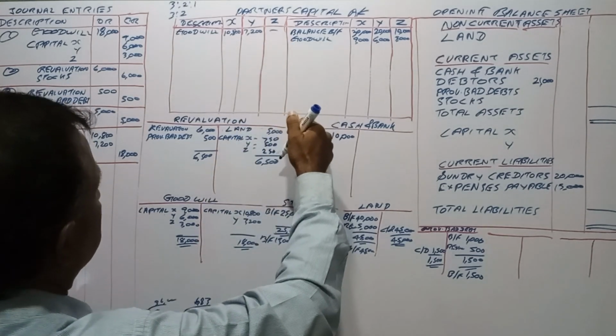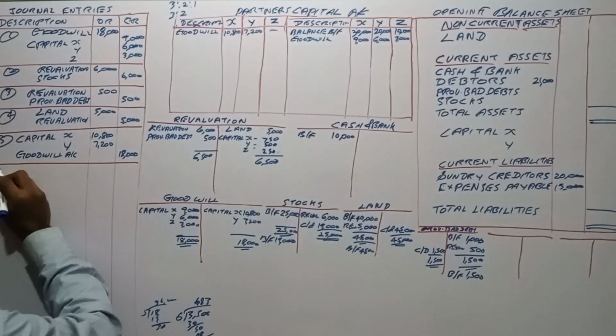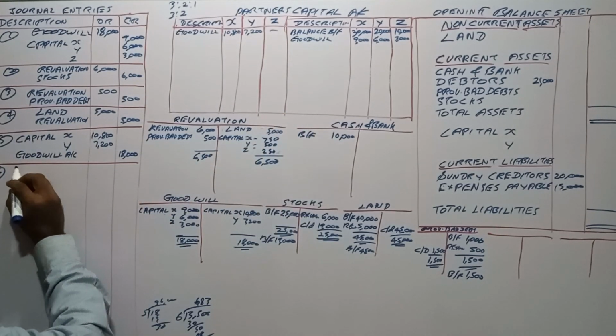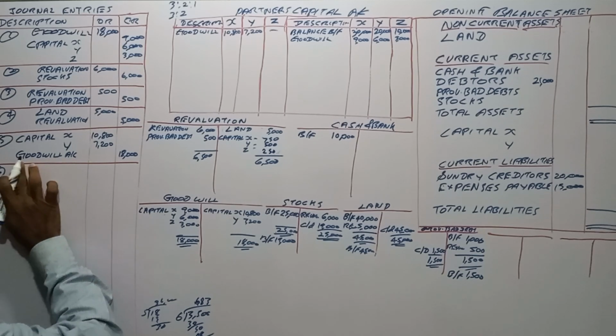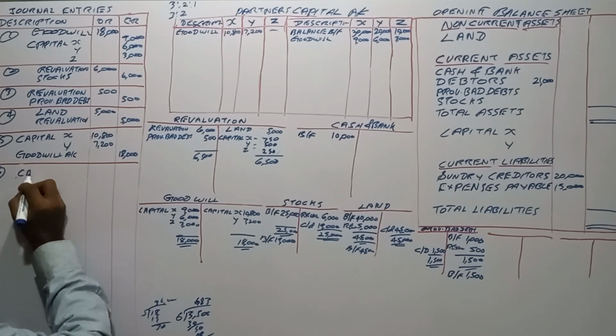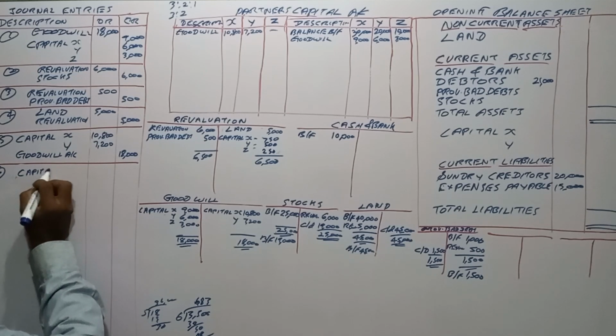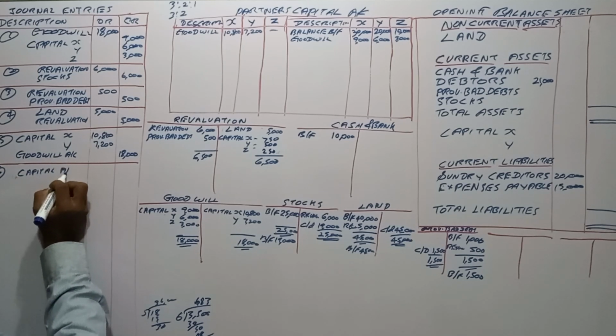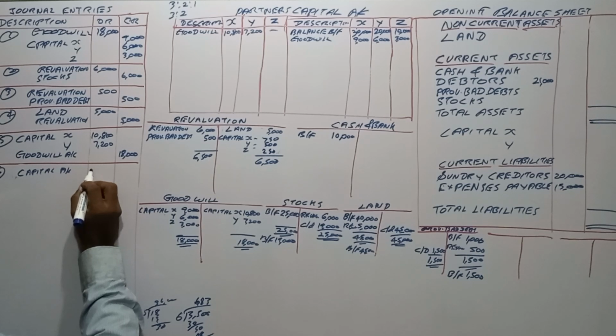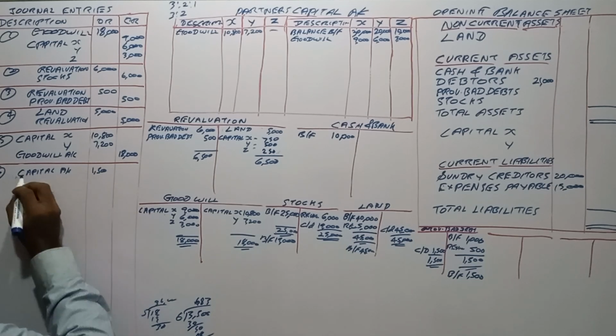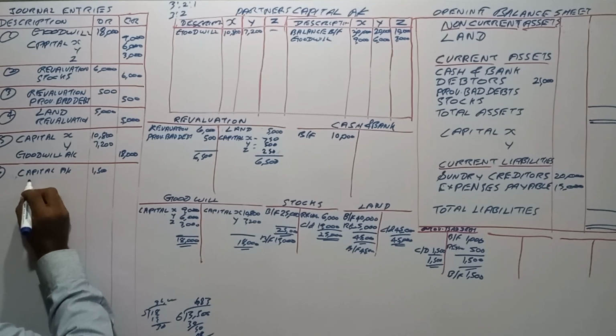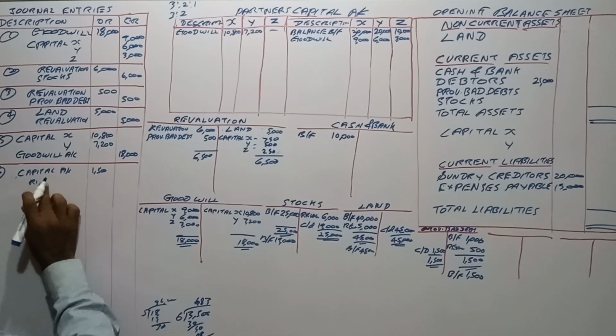So capital account, revaluation loss: capital account debit 1,500, and revaluation account 1,500.